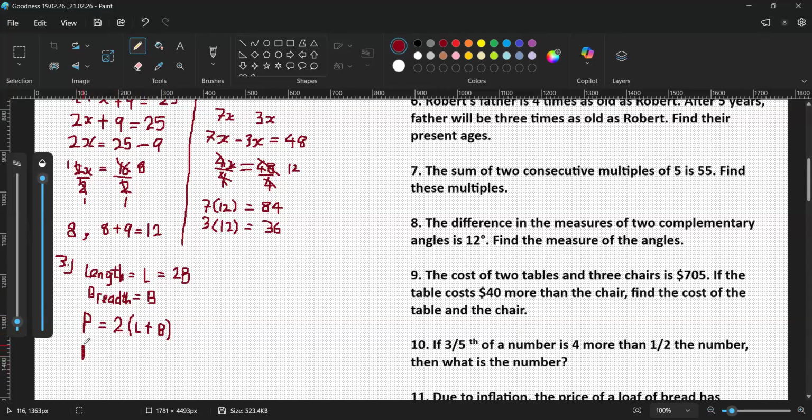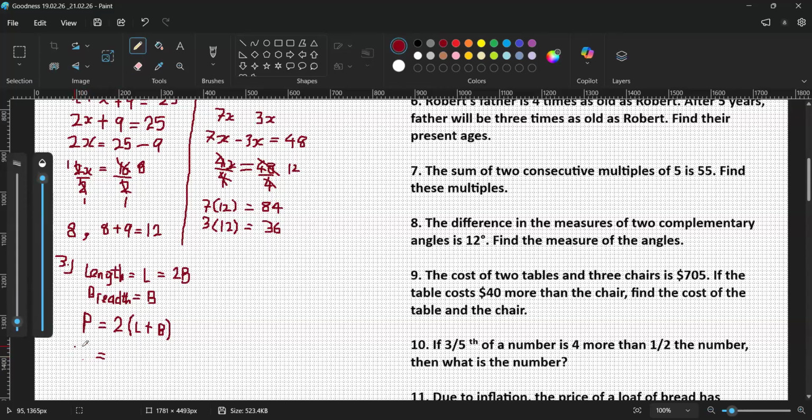So again, I'll write my P equals, don't worry, I know that P has a value. Maybe I should even put in the value. Let's put in the value because they told us the perimeter is 72 meters. So let's go ahead and put 72 right there.